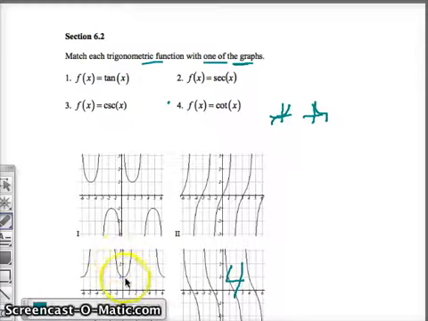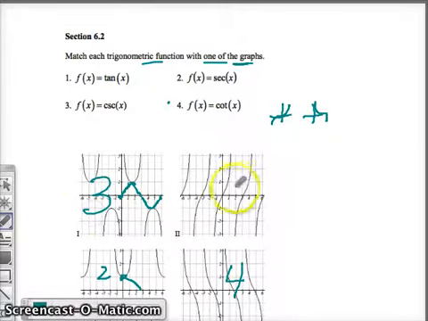Remember, secant is the inverse of cosine. So that would be this guy here, which is 2. Now, cosecant, remember, that's a good way to understand how to set that up. So that's 3. And is this tangent? Yes, this is tangent, so that's 1. Not too bad.